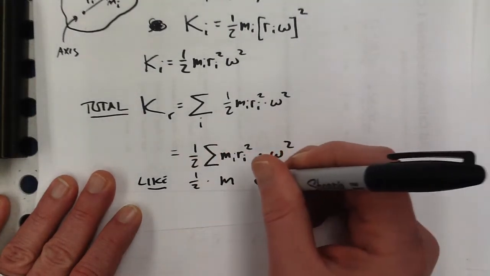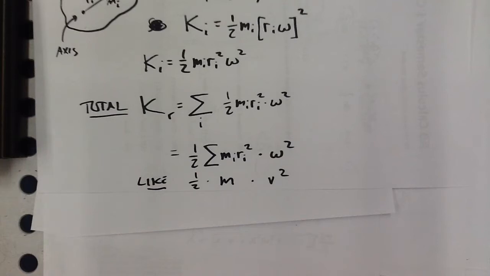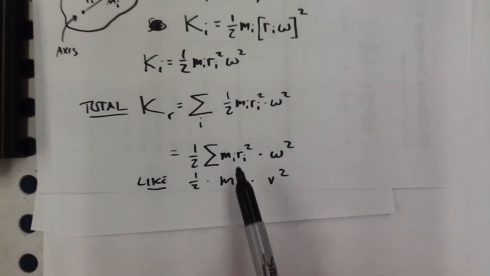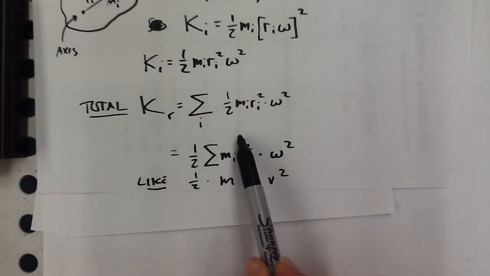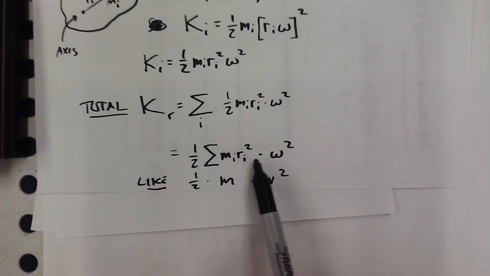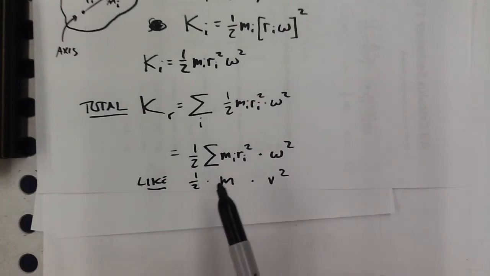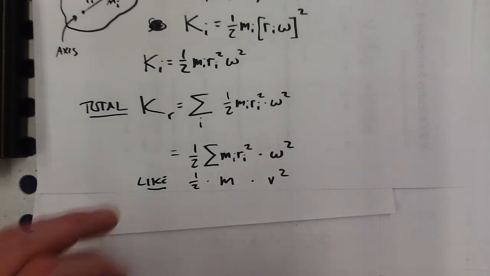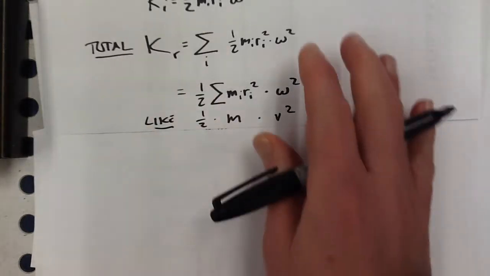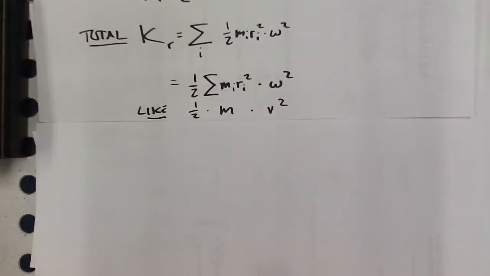There's a real strong suggestion to us here that if there is such a thing as rotational mass, this is what it should be, right? Because this is 1/2, whatever that is, times omega squared, and kinetic energy is 1/2 mv squared, so this must be the rotational analog of mass. And in fact, that is exactly what we're going to do. We are going to call this, let's see.